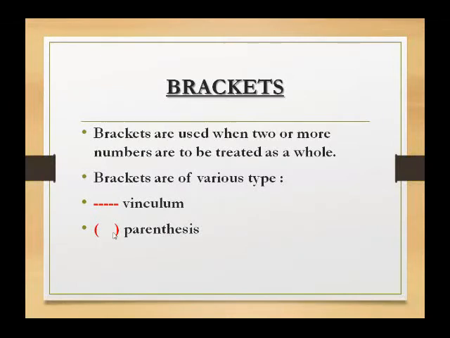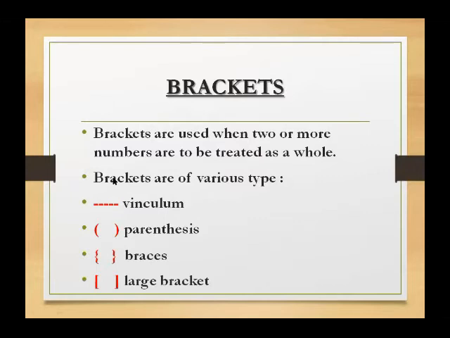Then this is parenthesis, the round bracket. Then we use braces, or in initial classes we call it curly bracket or flower bracket. And this is the large bracket, or we may call it square bracket. These are the 4 types of bracket.